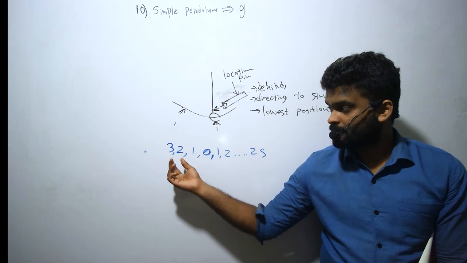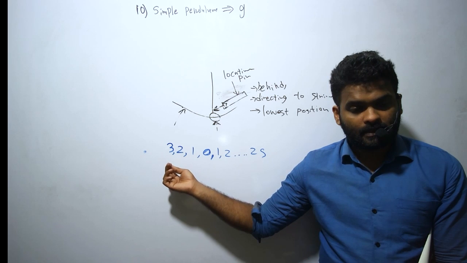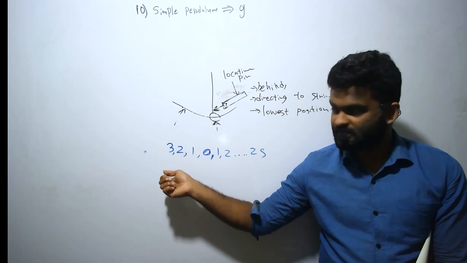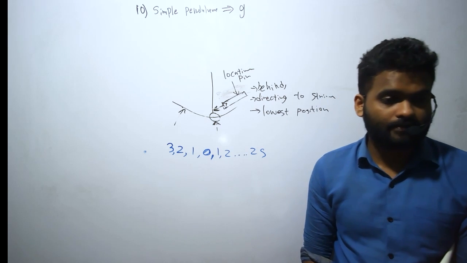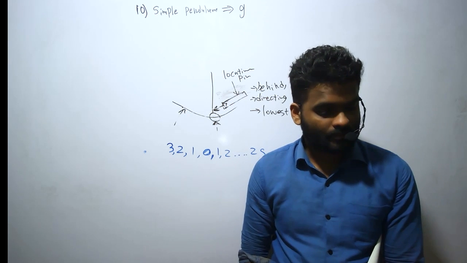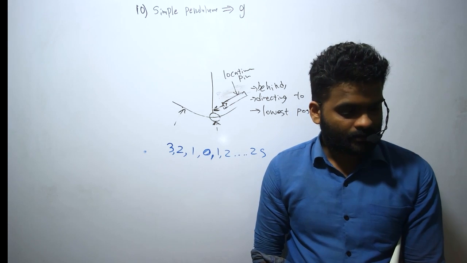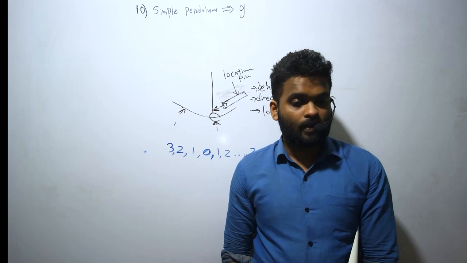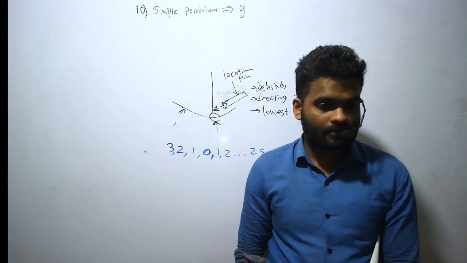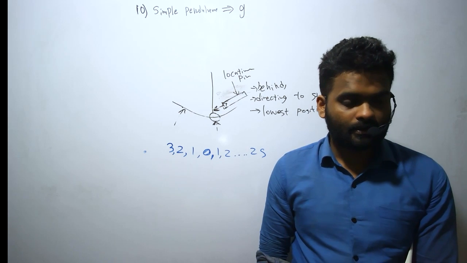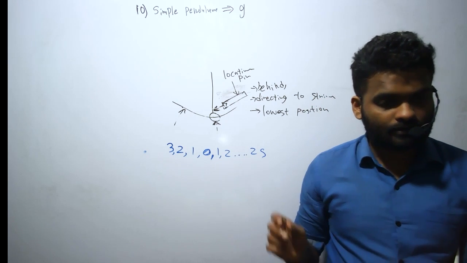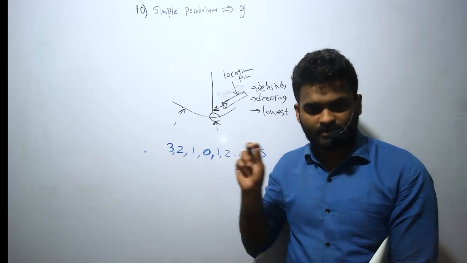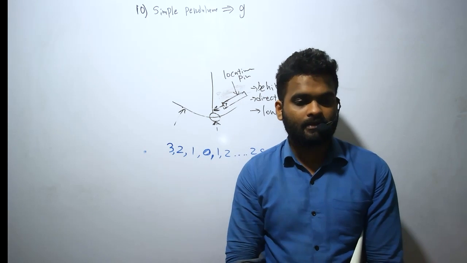Then next line: counting started from 3 for the person. No, when you are saying 0, when passing this point, you start counting, right?